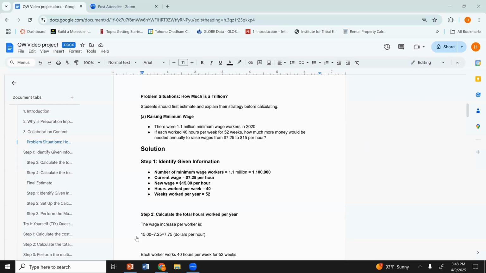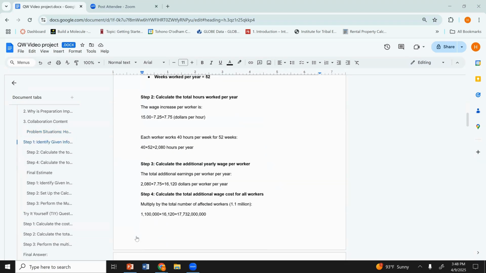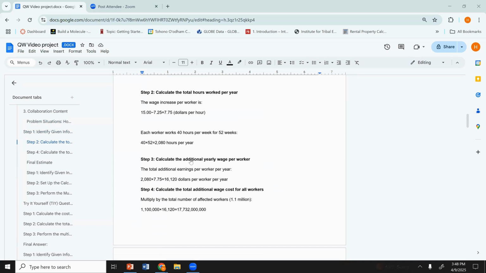We are going to walk through this. 7.25 is the original payment per hour, and then 7.75 is the extra that we have to pay for all the 1.1 million workers. So now we know 7.75 is the amount that we need to pay per hour for each worker.